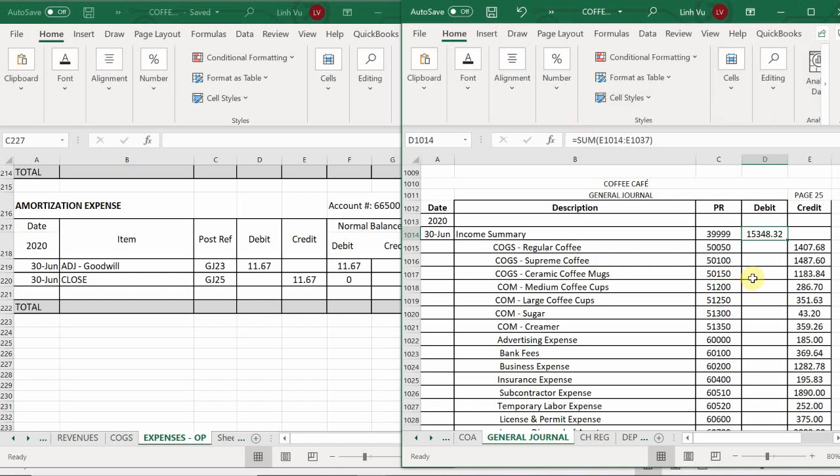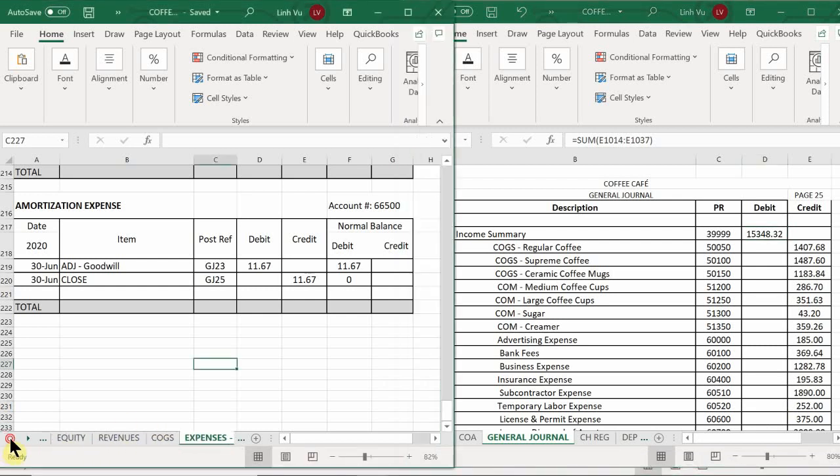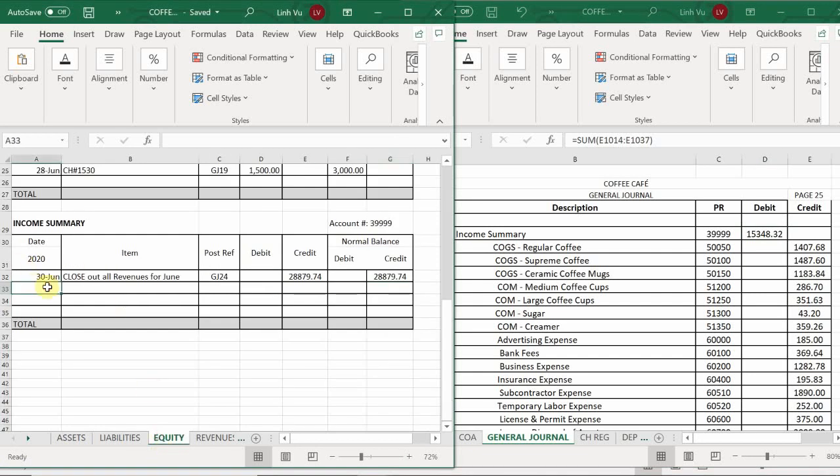Okay. All right. So now we've done that. We need to go to our income summary because we need to debit our income summary. Okay. So here we are. It is June 30th, and this was to close out all expenses for June.